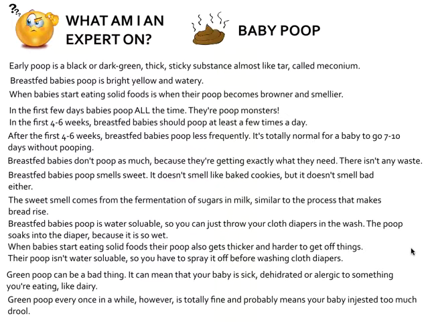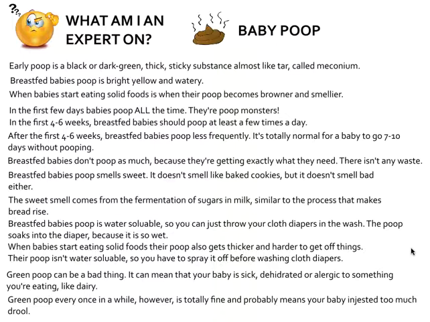It shouldn't be green. But I also noticed that I had a lot of facts about early baby poop between the weeks of 4 and 6, baby poop once babies start eating solids, not just breast milk, and then what baby poop shouldn't look like, how it shouldn't be green.